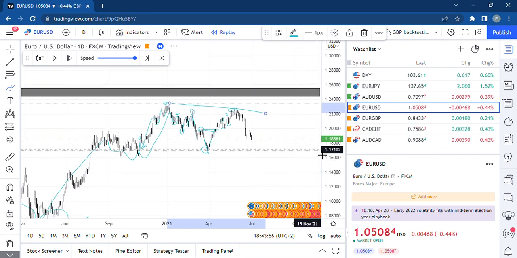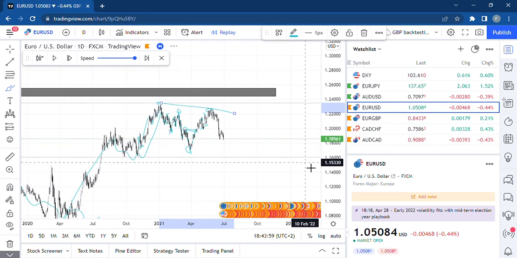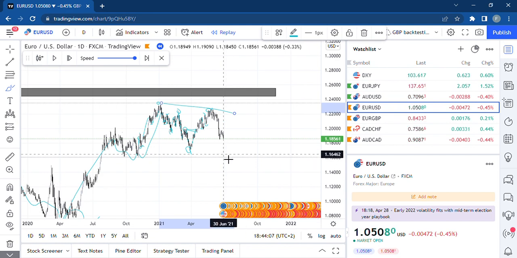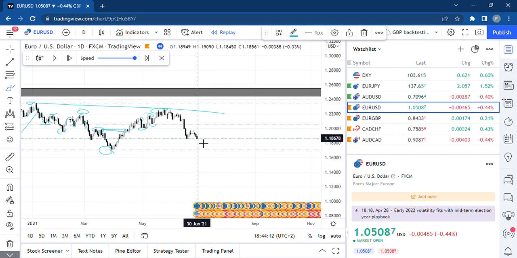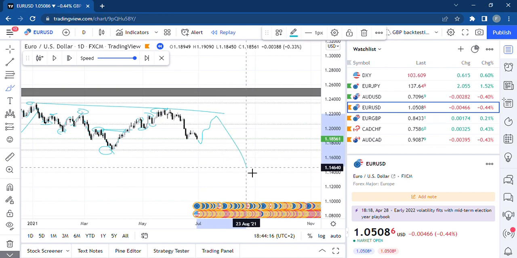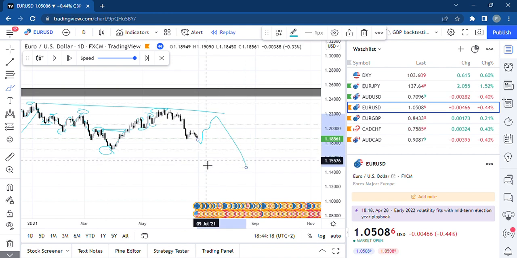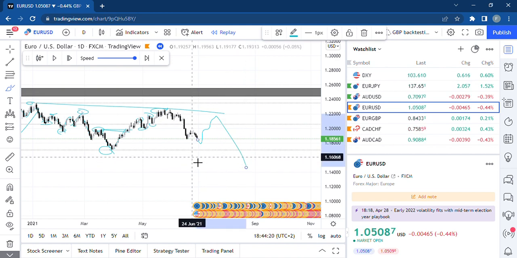Keep in mind, I'm not saying this is where the market is going, because we do not know that. And I'm not saying that we're going down now. For all we know, the market could just come down to this point and go back up before it goes down, right? I'm not saying that we're entering now.